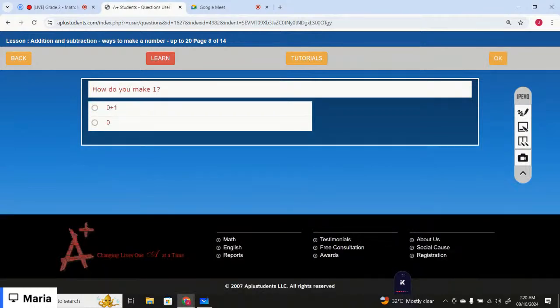The next one is how do you make 1, which is the correct option?